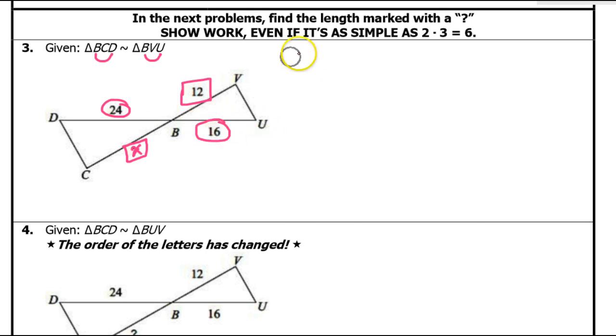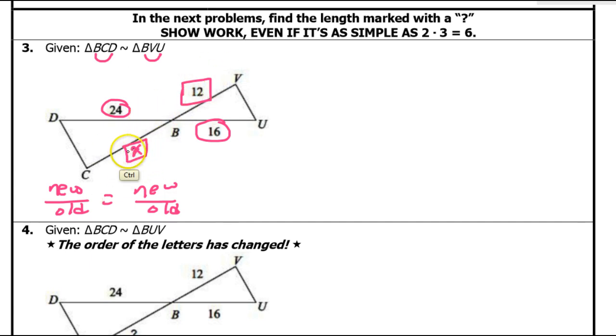When I make my proportion, which is going to be in the form new over old equals new over old, I'm going to make sure that each fraction involves corresponding sides.